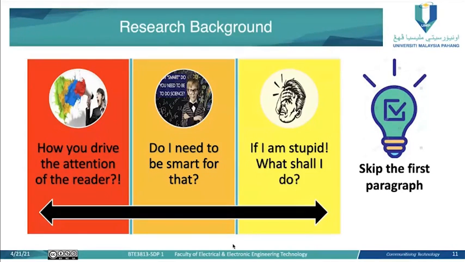For example, the abstract is the most important part, so we said the abstract will be written last in your proposal or your thesis. Same for the research background. If you cannot write a good introduction for your work, if you cannot highlight the motivation behind your work, if you cannot get the attention of the reader, just skip it and come back later on.